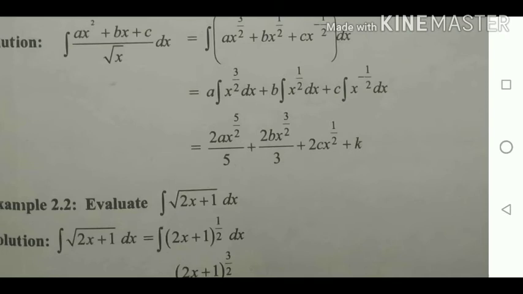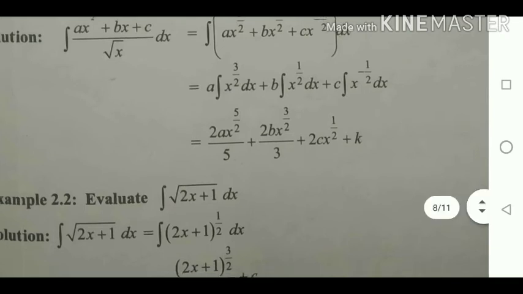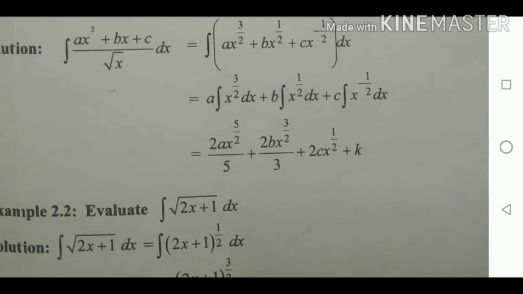Likewise, b x power 1 by 2 plus 1 becomes x power 3 by 2 divided by 3 by 2, so 2 comes to the numerator. Likewise, x power minus 1 by 2 plus 1 becomes x power 1 by 2, divided by 1 by 2, so 2c x power 1 by 2 plus k.